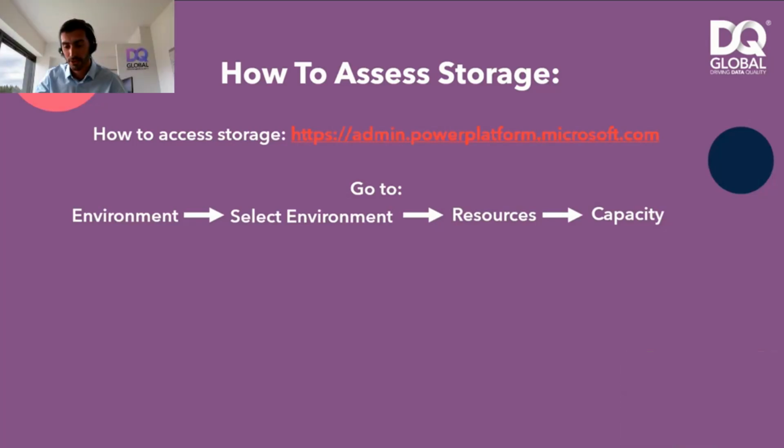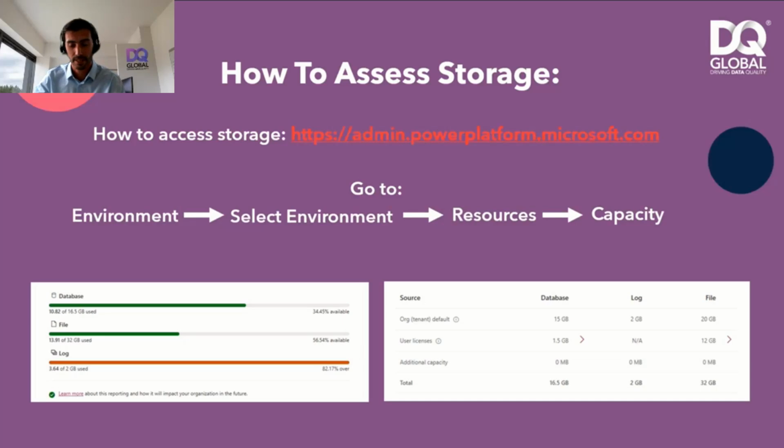And when you get to that screen, what you will see is something like this, where you'll have listed out your database storage and how much of it's being used and how much of it is available, your file storage, and your log storage. And here's an example at the bottom there. On the right-hand side, you then have a listing of your database, log and file storage, and the top row there is showing you what you have as default within your tenant when you purchase your license.